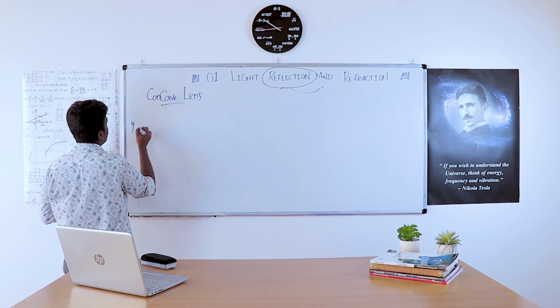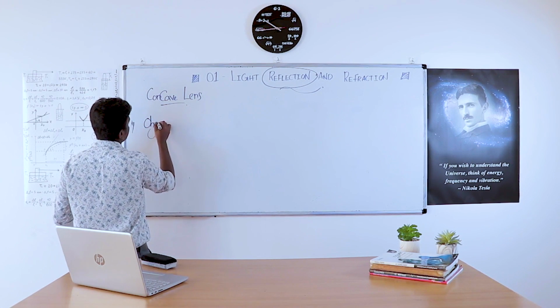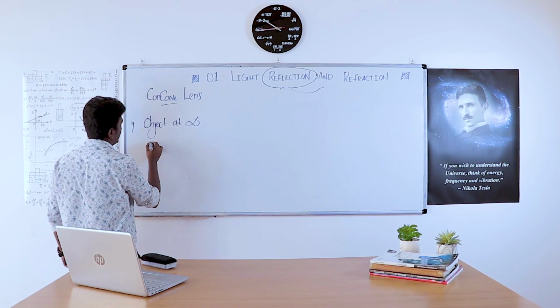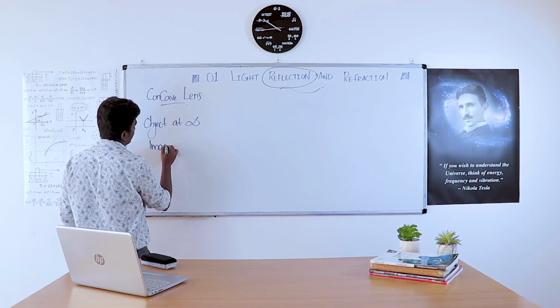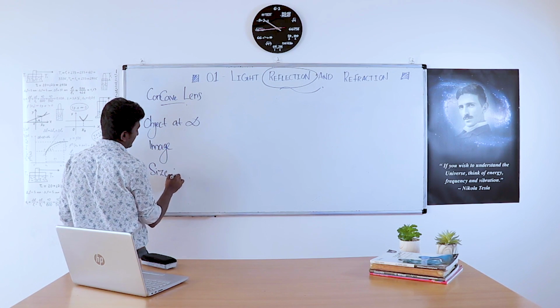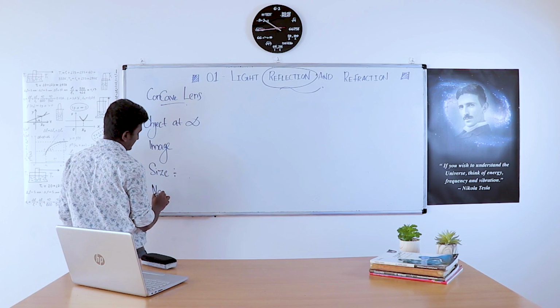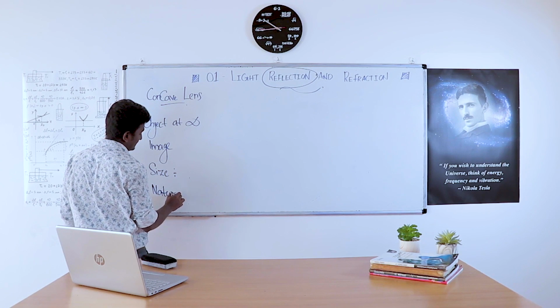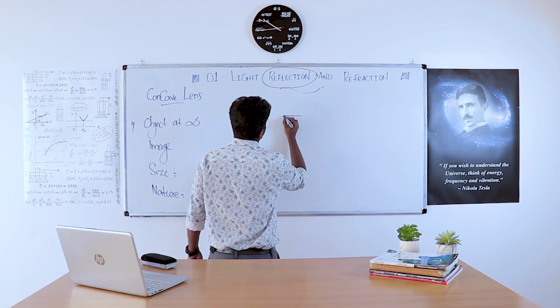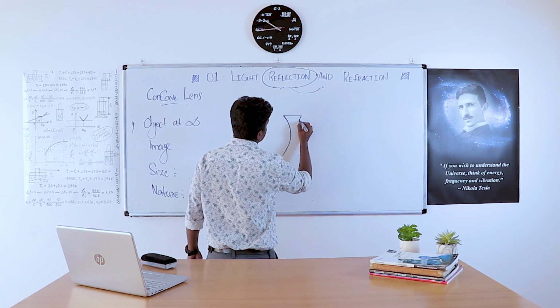So the first case is object at infinity. We need to find where the image is. Also, we need to find the size of the image and nature of the image. So now we can draw a concave lens.